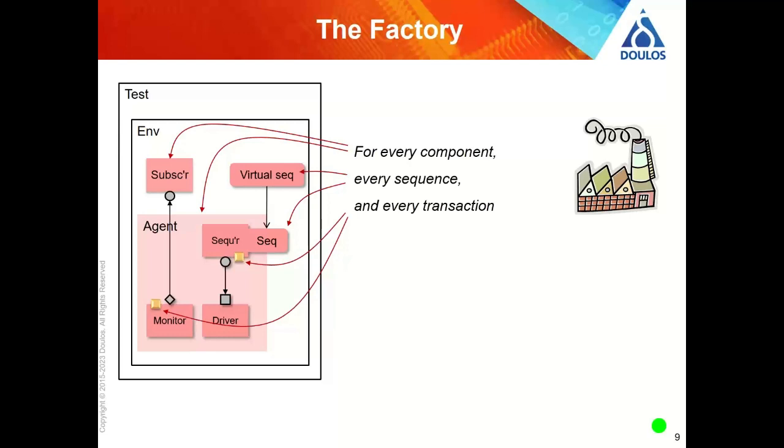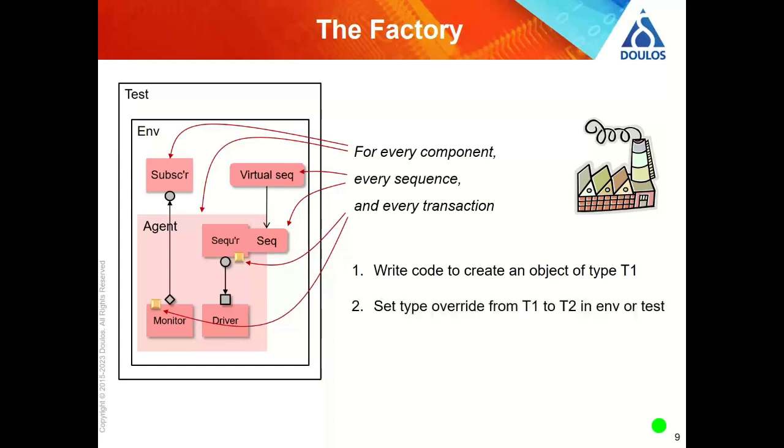So the factory applies to components, sequences, and even transactions. And so what you could do is you could write some code for your initial test, and maybe your sequence uses type T1, but then you want to run a slightly different test where it's still going to use the same protocol, but you want to create perhaps a different pattern, different constraints. So we can create a new class T2, and then we can program in a factory override.